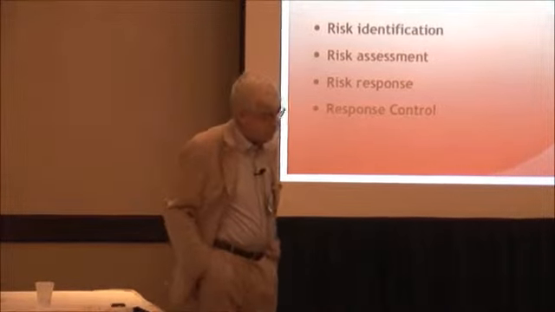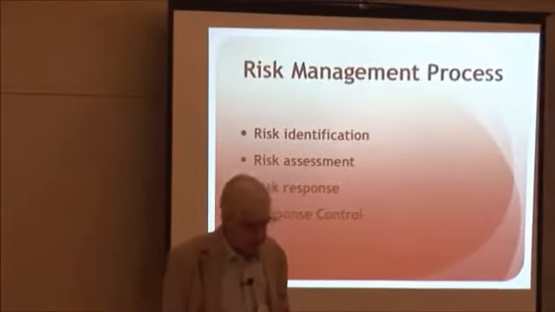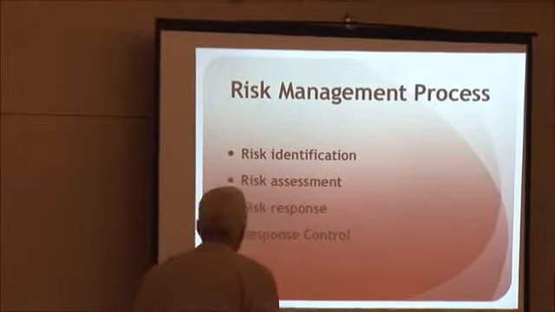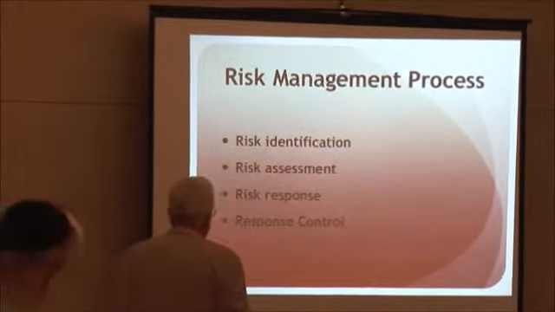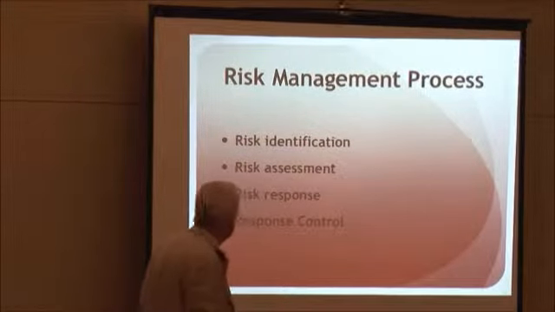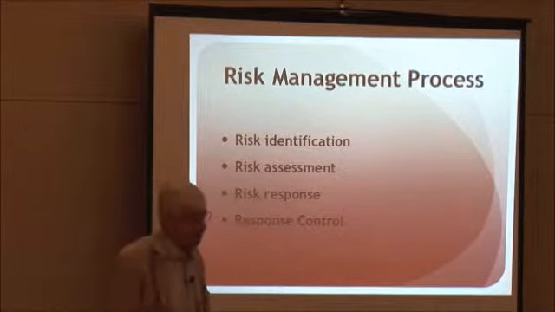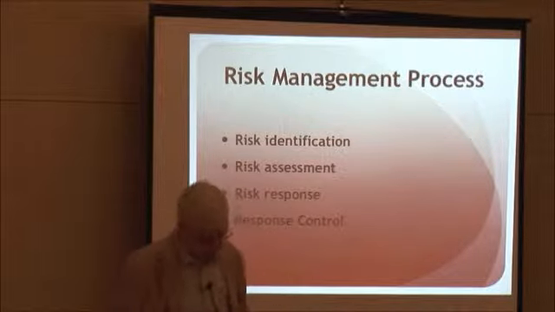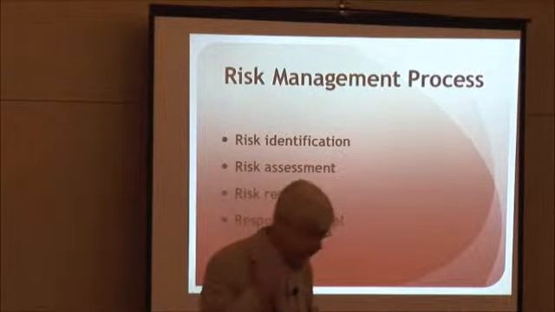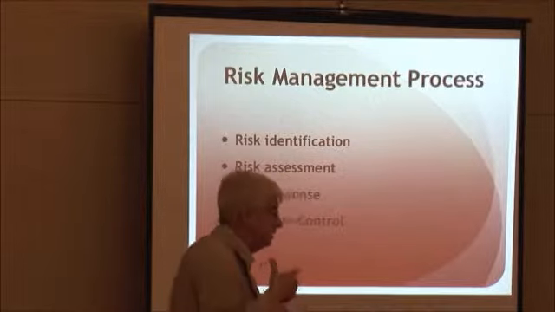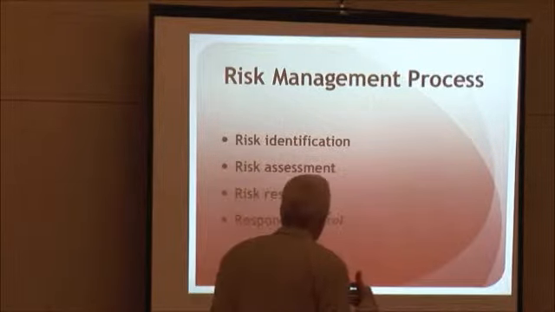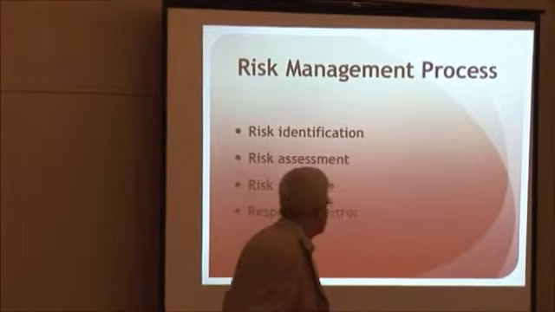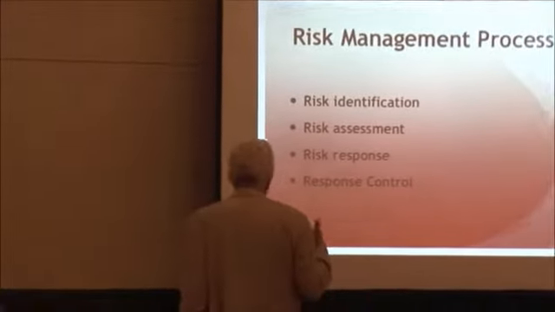The risk management process is defined by 3 or 4 different activities that start with risk identification, then assessment, which is perhaps the most difficult and the most involved part of it, in the sense that it requires a certain type of metrics, and then risk response.